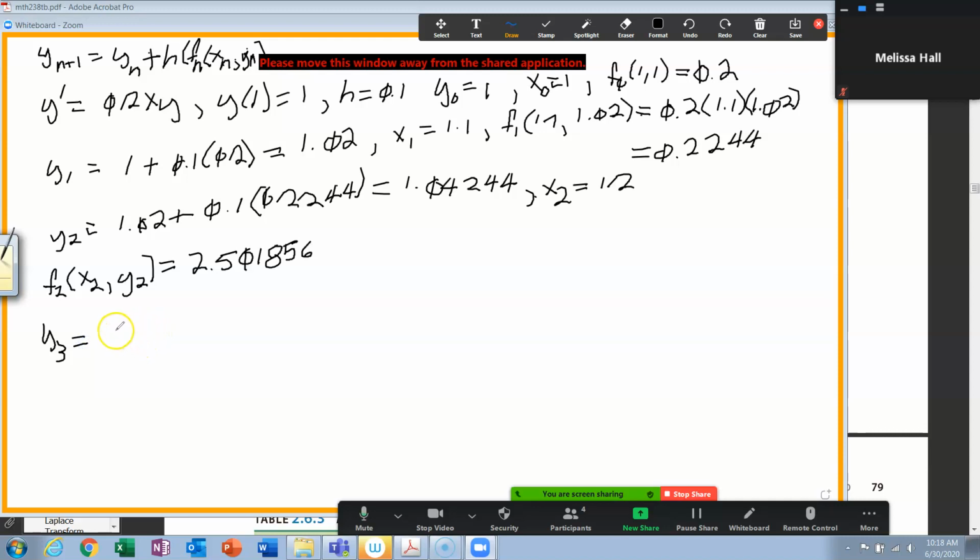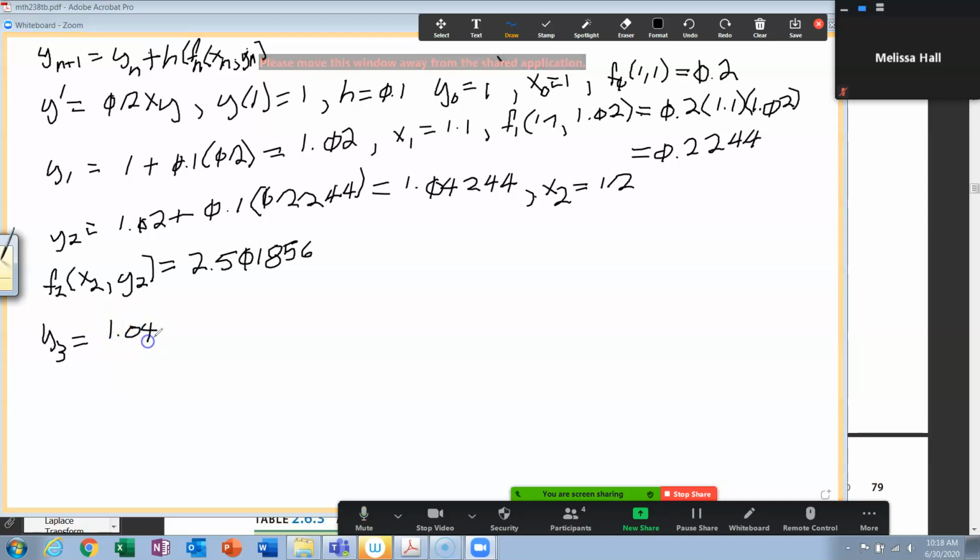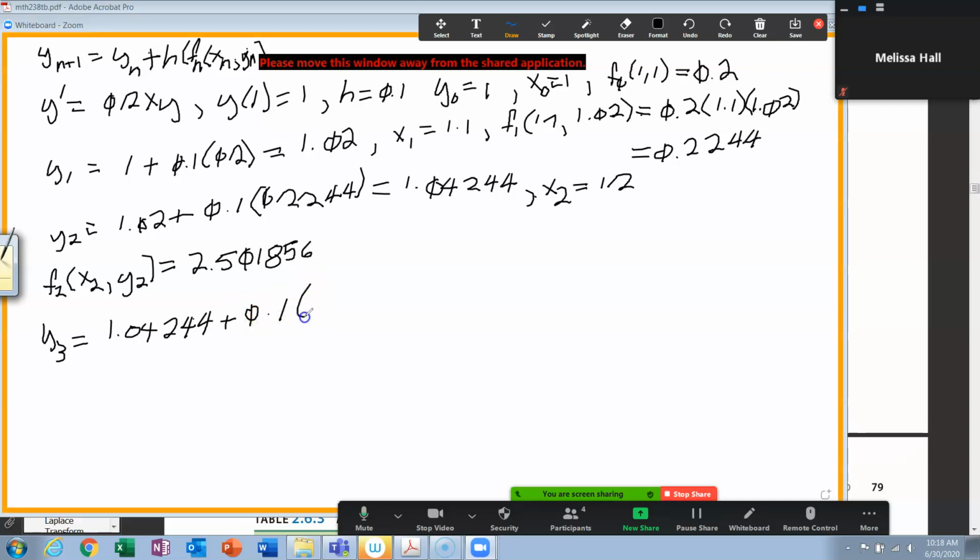That's your y sub 2, which was 1.042244, plus your h, which is 0.1, times your f, which is 2.501856.